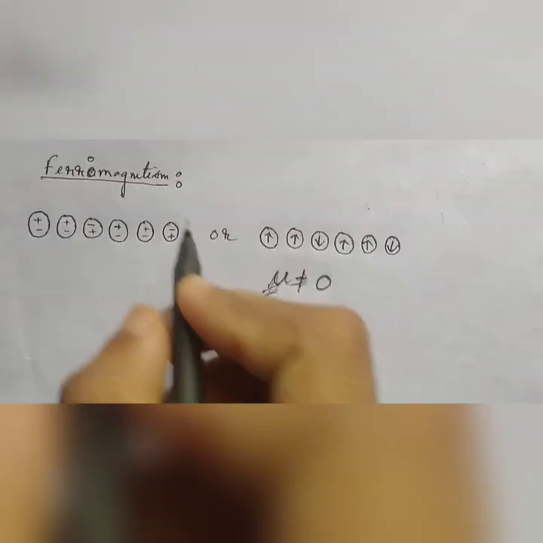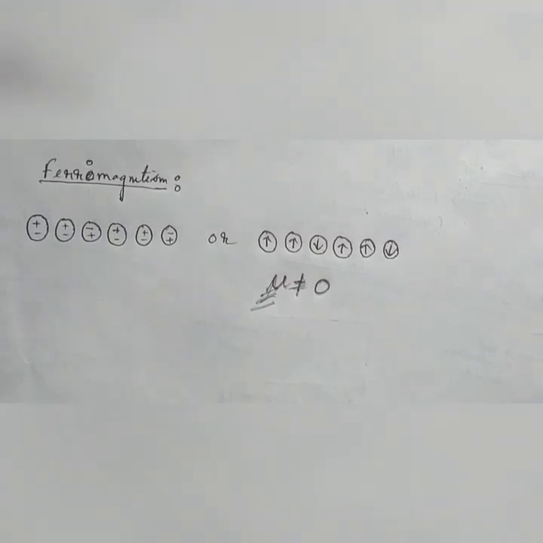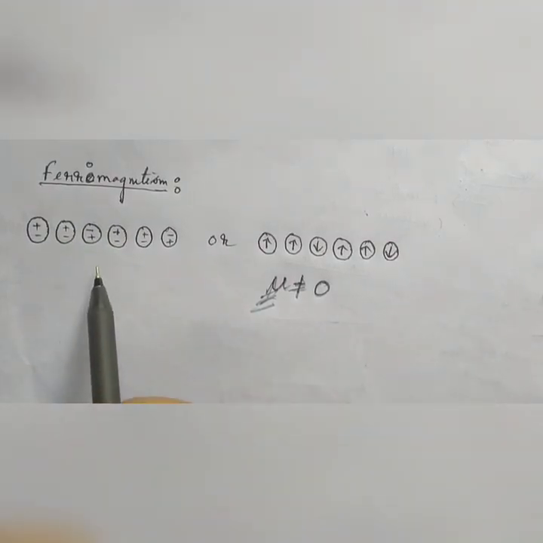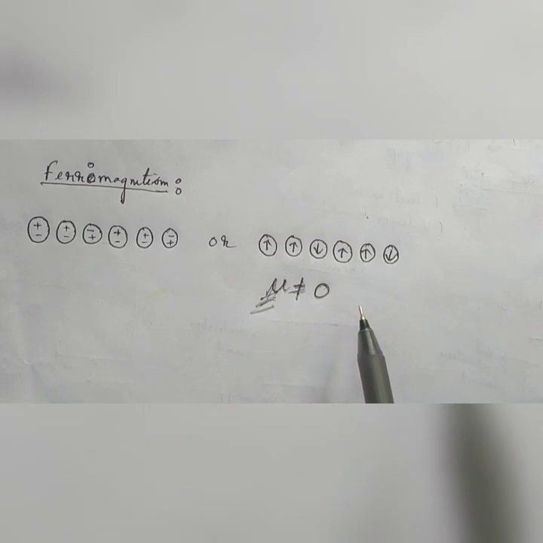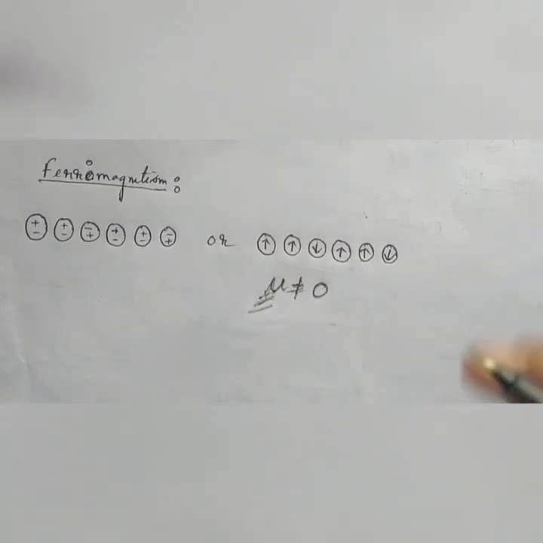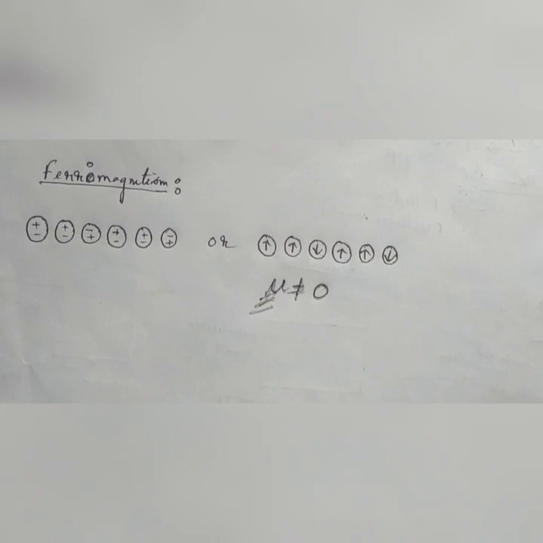Okay, and the last one is ferrimagnetism. So in ferrimagnetism, the domains are not arranged in a proper way. Okay, the domains in the substance are aligned in a parallel or anti-parallel direction in unequal numbers. For example, here both are in an upper direction, but only a single arrow is in a lower direction, like this, in unequal number.